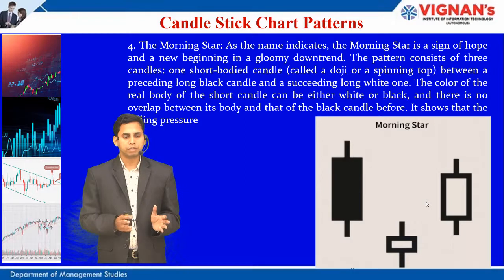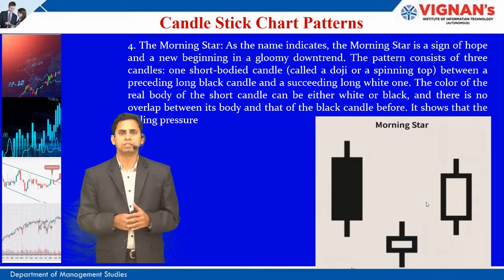The color of the real body of the short candle can be either white or red, but the candle must be a doji. A doji is nothing but indecision, wherein the body is very small and sometimes there is no body at all, and the stock may reach the high and also the low, but again settle down at the open price. That is what is called a doji.